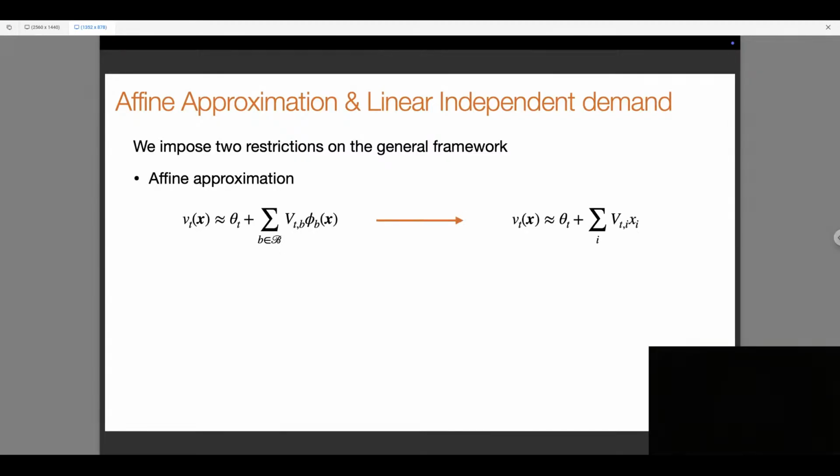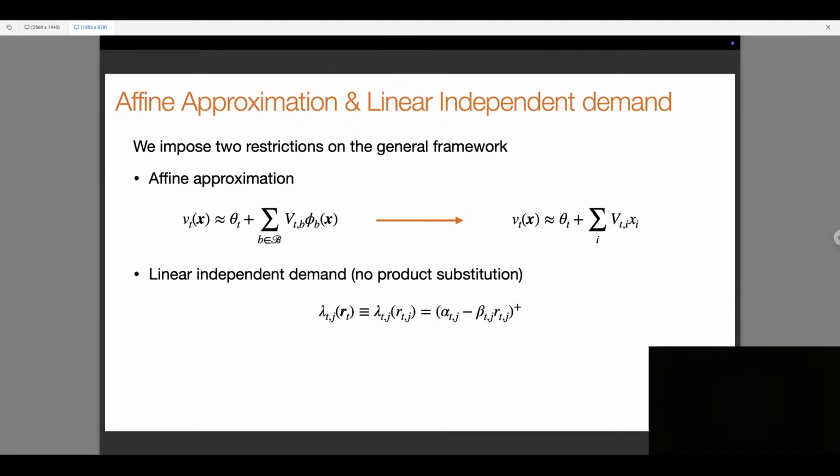The first one, the affine approximation, that we specify the basis function phi to be affine in xi.